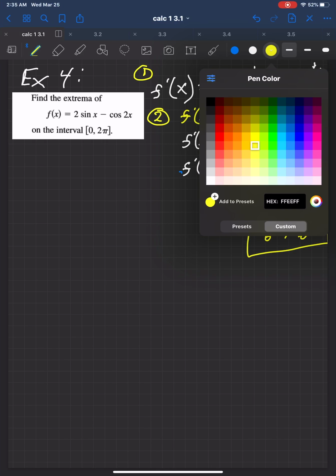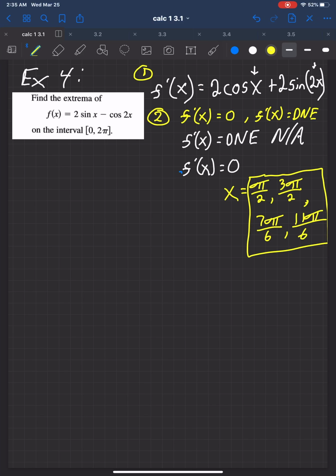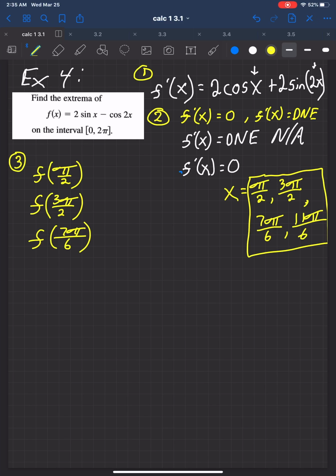All right, beautiful. So now we're at step 3, and we're going to do steps 3 and 4 at the same time. This is where you're going to plug in your critical numbers. So you got to plug in the pi over 2, the 3 pi over 2, the 7 pi over 6, and the 11 pi over 6.